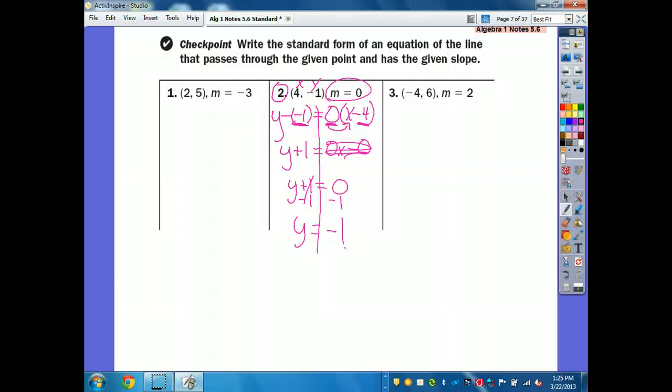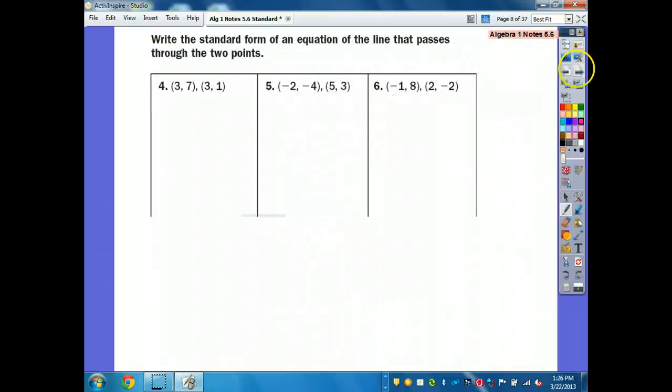Which one? Horizontal, exactly. So on your graph, it would be going down here somewhere at a -1. Y equals a -1. Okay? So we can't even do the standard form on that one. It's done. That is it. All right, let's go to this next page.